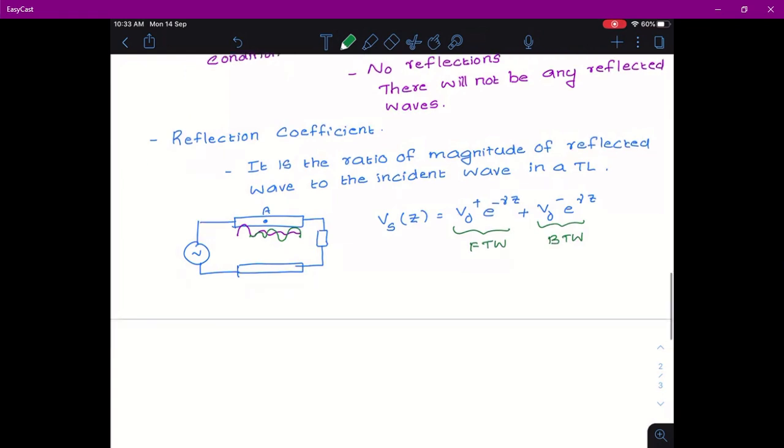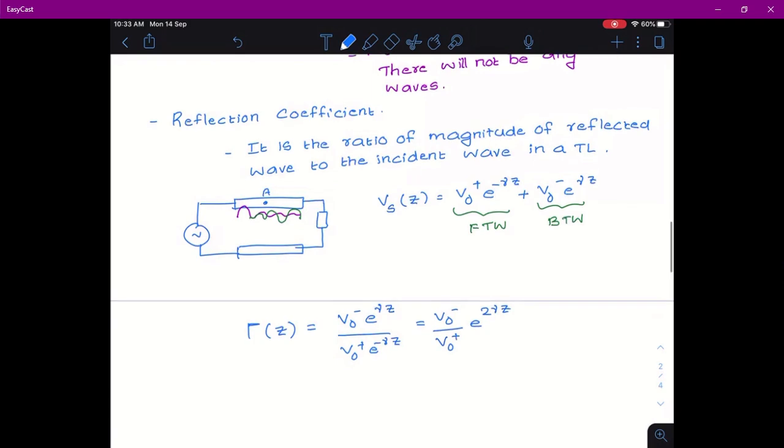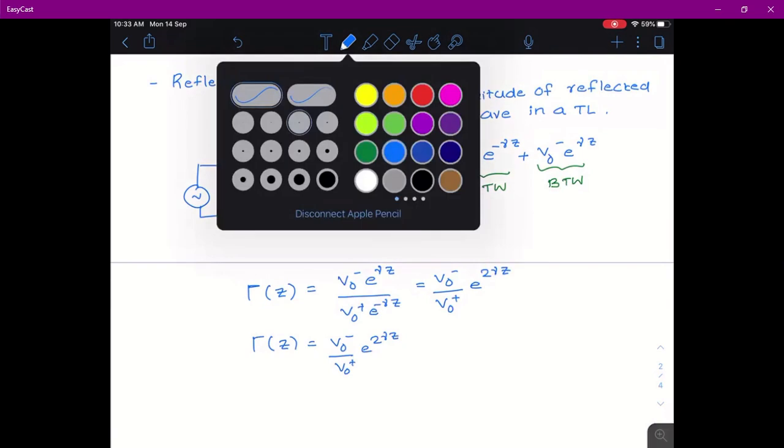And by definition, the reflection coefficient we represent as tau for any point Z is equal to V0 minus e raised to gamma z by V0 plus e raised to minus gamma z. This is equal to V0 minus by V0 plus e raised to 2 gamma z. Okay. So, this is the expression for the reflection coefficient at any point Z in a transmission line.